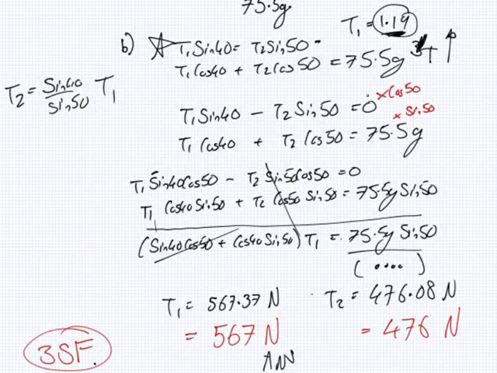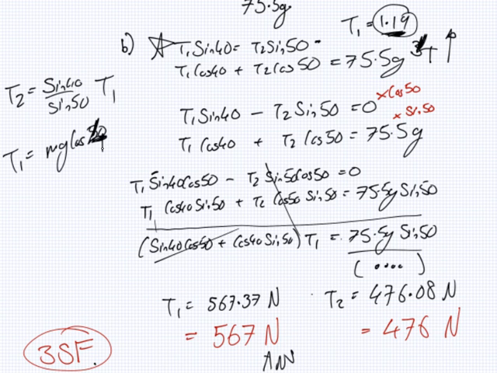Can I use T1 equal mg multiplied by cos 50? 40. Bruce, you need to practice your numbers. You mix up 40, 50, 14, 15. Be careful. This is mg cos 40.